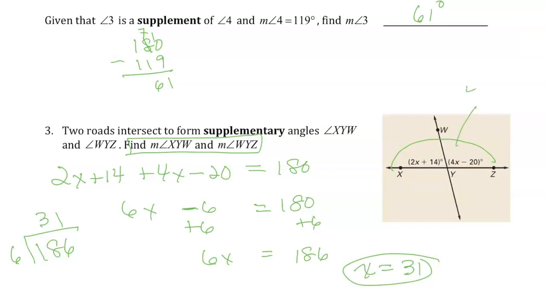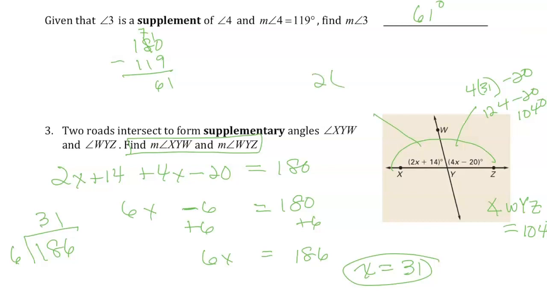Over here, I take 4 times 31 and I subtract away 20. 4 times 1 is 4. 4 times 3 is 12. Minus 20 gives me 104. So this first angle, angle WYZ, equals 104 degrees.